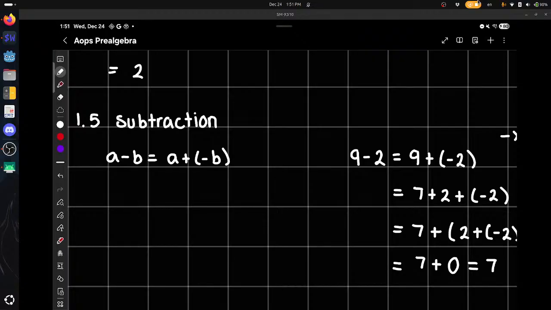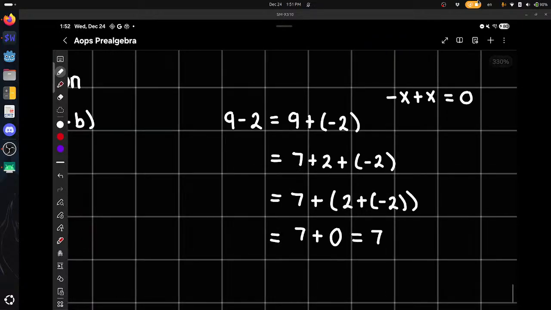Subtracting a number means adding its opposite. Yeah, we saw that here. Adding its opposite. Because the negation of 2, the opposite of negation 2, is 2.